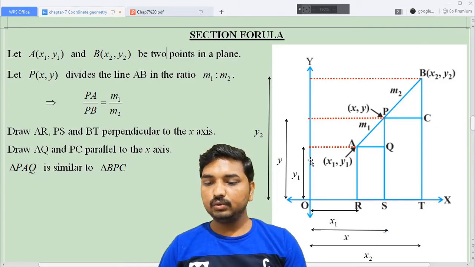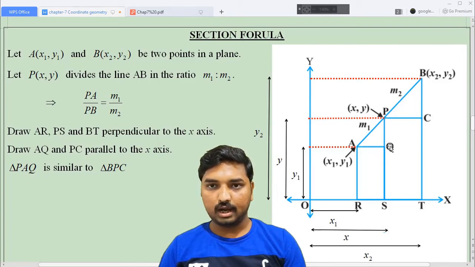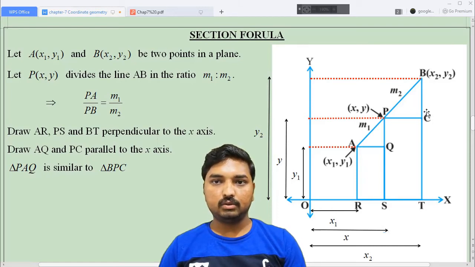Now two triangles are formed: PAQ, one triangle, and BPC, another triangle. Two triangles are formed by our construction. Triangle PAQ is similar to triangle BPC.